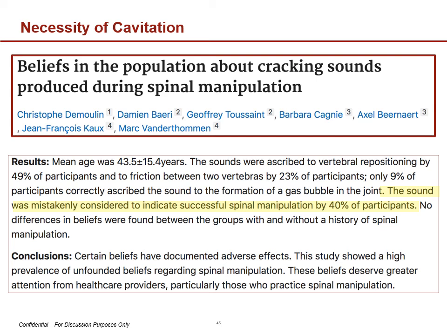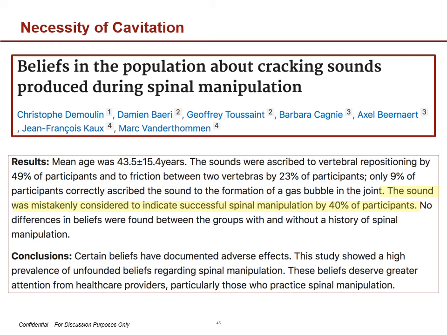Another important aspect of cavitation: the beliefs in the population about cracking sounds produced during spinal manipulation. How we think about a cavitation, or how we think about a manipulation, can be extremely powerful. We know our brain is capable of a lot, and so if a patient expects that a cavitation or a pop will make them feel better, even if it's placebo, that is very strong leverage.